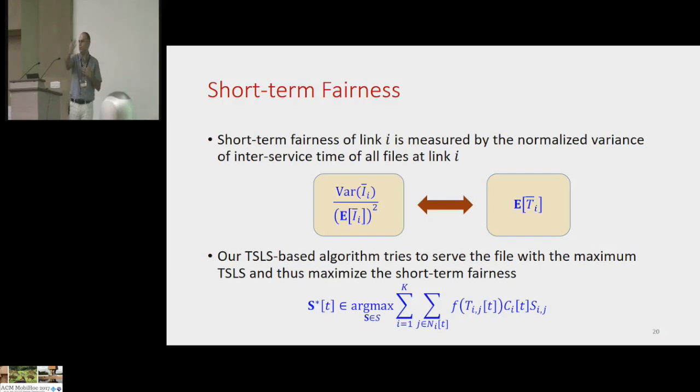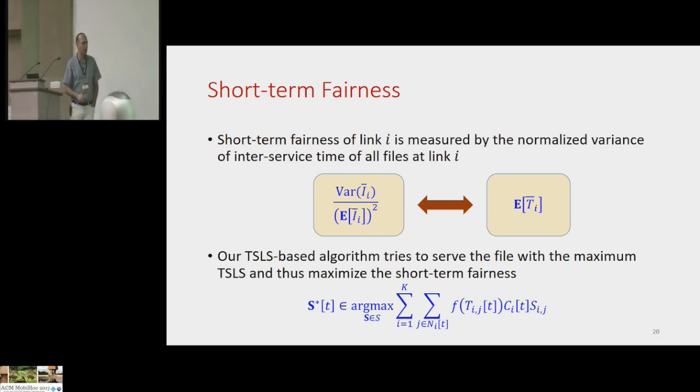The periodicity of service is desirable, and the variance of the inter-service time is one way to figure out how much variability you see in the service times. That's normalized with the mean squared of the inter-service times. We can make a connection between this metric and the expected time since last service metric that we introduced. That's a nice connection that allows us to talk about the periodicity property.